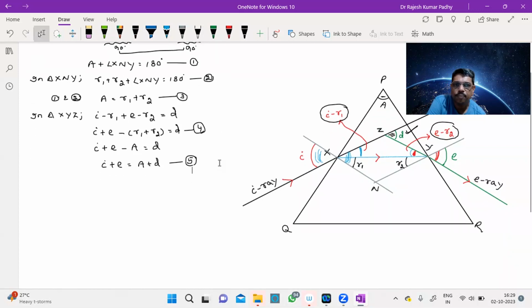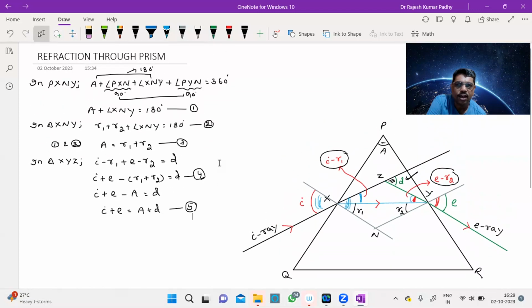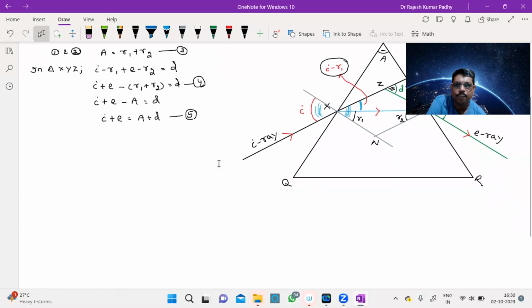Next, as the angle of incidence increases, the angle of emergence increases. After a certain angle, the angle of emergence will also decrease, or the deviation will decrease.